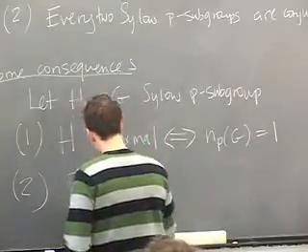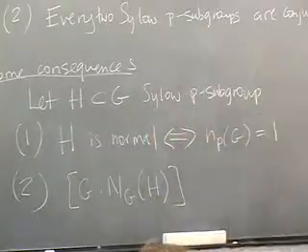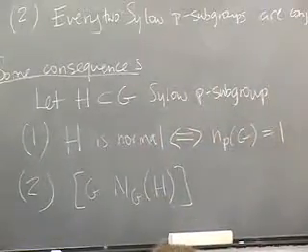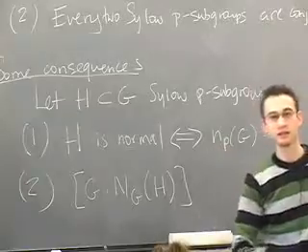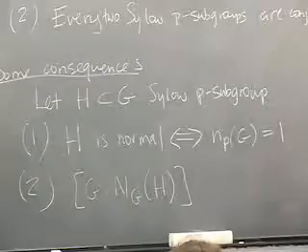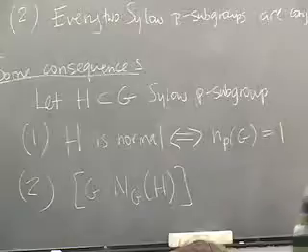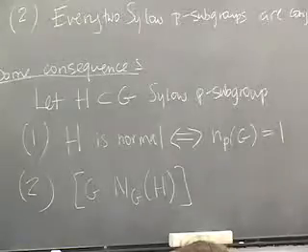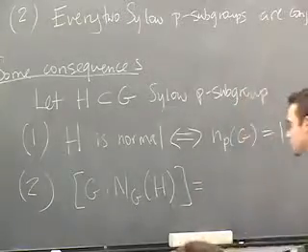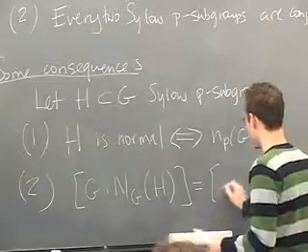Why? So for instance, what is the index of the normalizer of H in G in G? Any guesses? M? No. But yes, NP of G, exactly. So why is that? Well, let's just go through a quick explanation just to make sure that this is all clear.